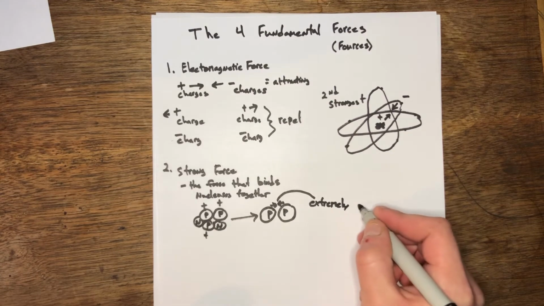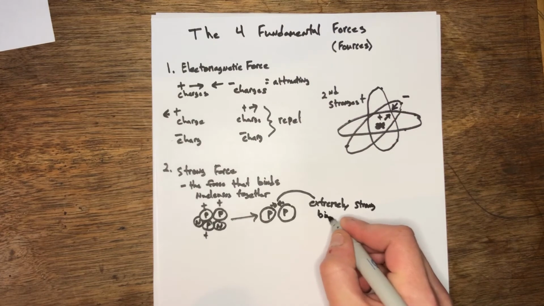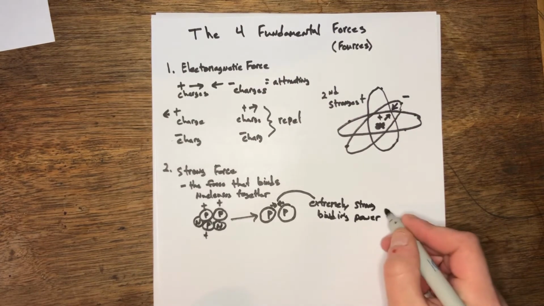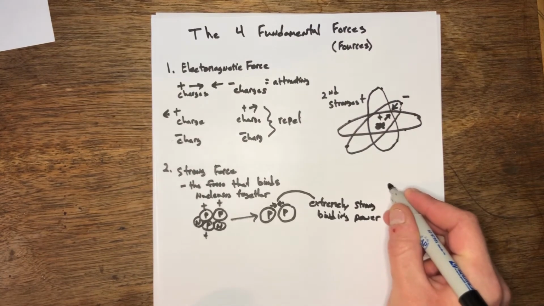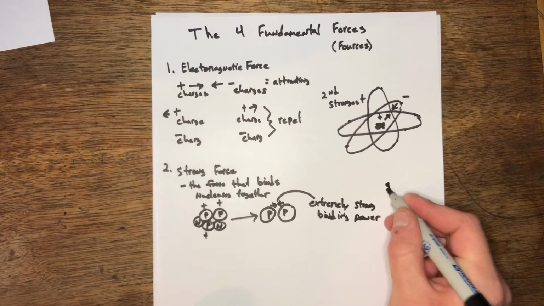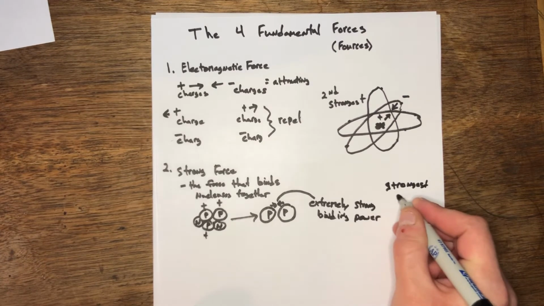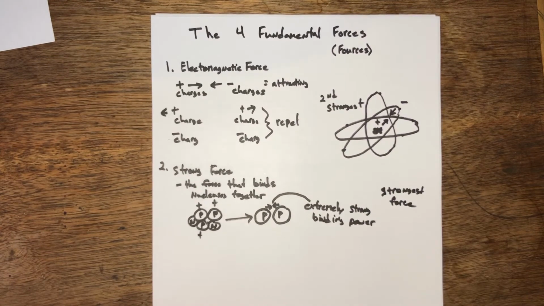So, extremely strong binding power. This is by far easily the number one strongest of the four forces. So that is inside the nucleus, why it doesn't pull itself apart.